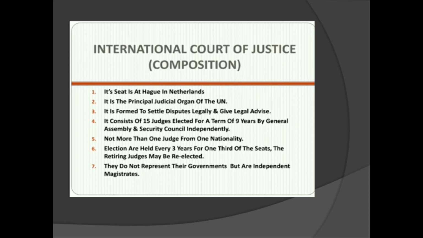The ICJ elects its president and vice president for a 3-year term. Both president as well as vice president are elected for a 3-year term, and 15 judges for a 9-year term, and every 3 years about 5 judges take retirement.